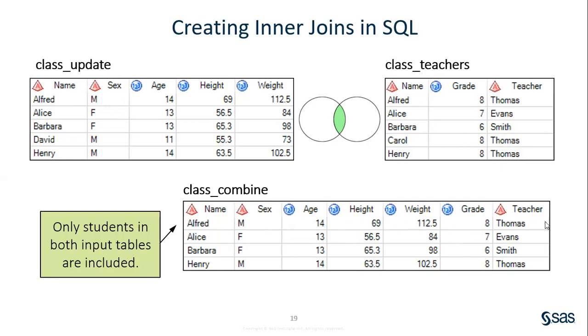We select only the matching rows from both data sets, and it's termed an inner join in SQL. All good?